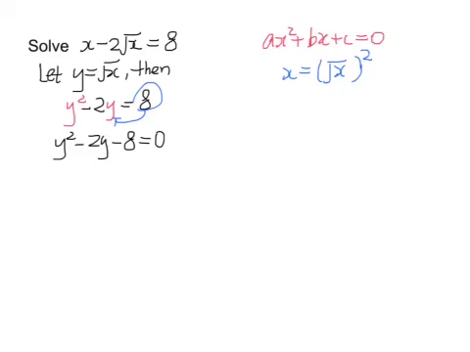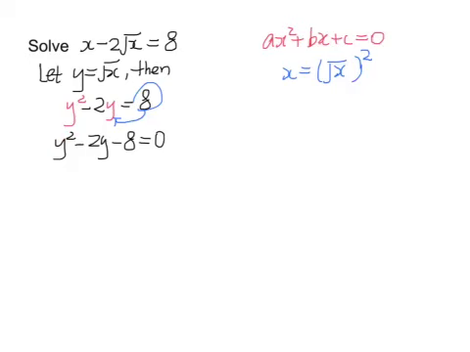Now check this out. This form is exactly the same form as the quadratic that we wish to make. The only difference is we have y instead of x, but it doesn't really matter. This is a quadratic.